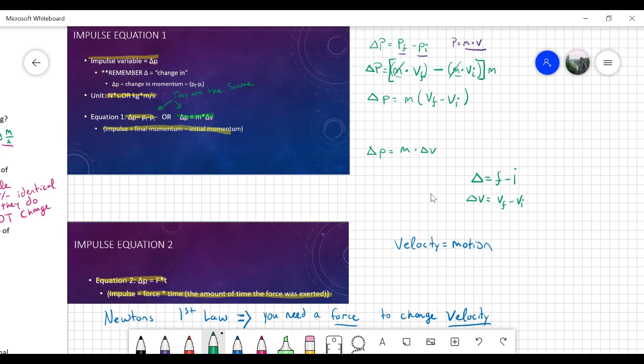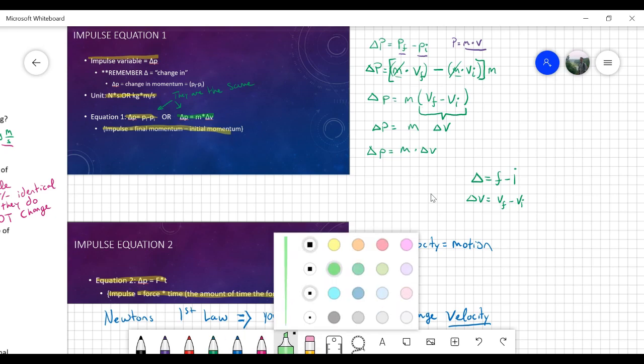So this bit right here can also be written as delta V. If you rewrite the whole expression that way, delta P equals mass times delta V. So in short, this is this. They are the same.